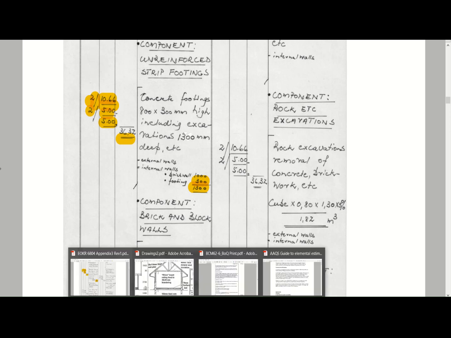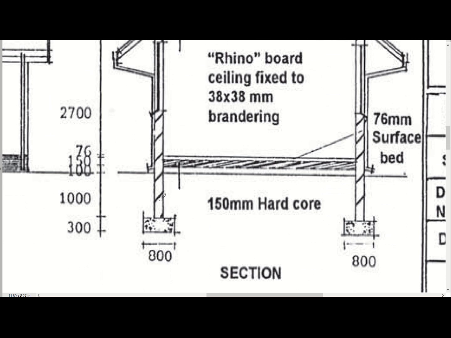So let me just go to our drawing. It's this, I'm talking about the 1 meter excavations below natural ground, and then just the 300 millimeters for your strip footing as well.